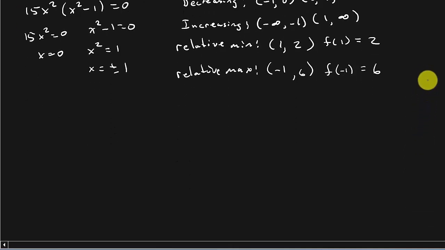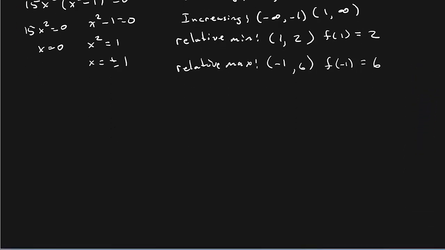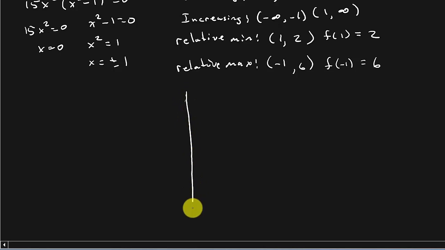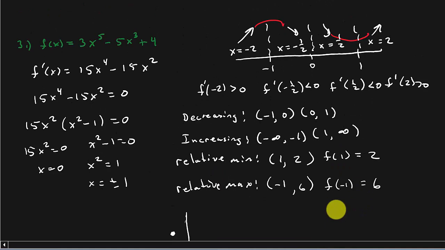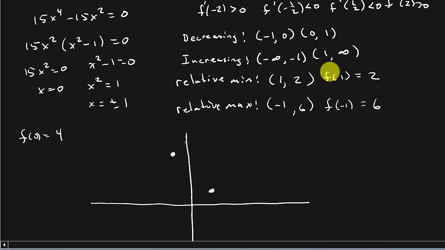All right, so now I think we're ready to draw our graph here. All right, so we've got -1, 6. We'll say that's about right there. We've got 1, 2, which we'll say that's about right there. And that's really about it. If you wanted to, something easy to do, f of 0 is equal to 4 if we plug 0 in.